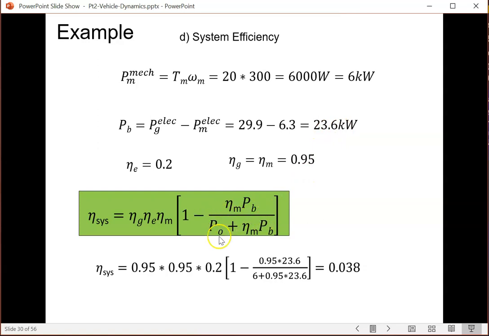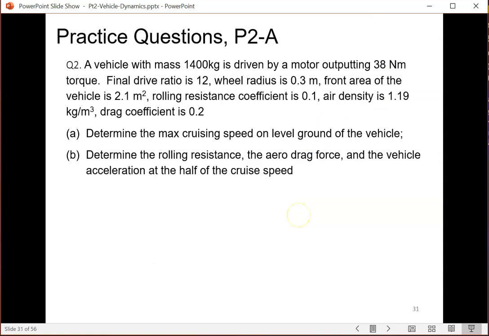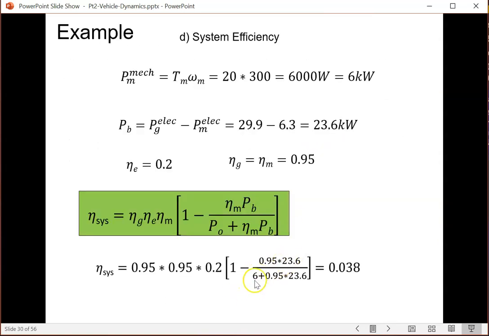At the bottom, in the denominator, P naught is the output power of the motor, or the power of the wheels, which is 6 kilowatts. So it's a 6 there, plus the efficiency factor of the motor, 0.95, times PB, battery power, 23.6. Put everything together, we end up with an overall efficiency of 0.038.